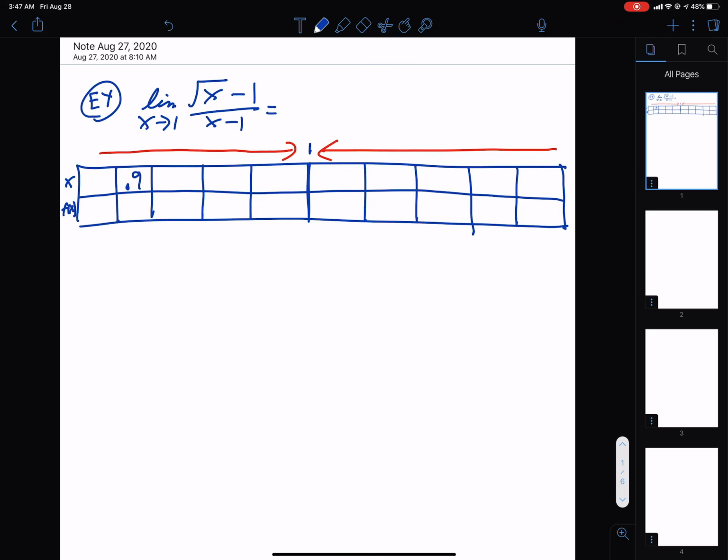So I want to get closer and closer to 1. Well, the next number I want to choose is 0.99 because that's getting closer to 1. Then 0.999, it's getting really close to 1. And then 0.9999, and I'm approaching from the left side.